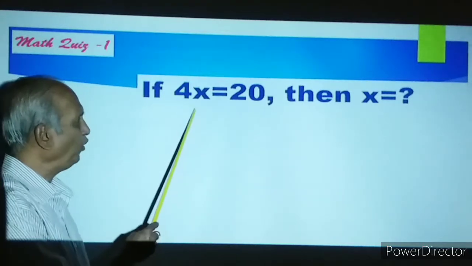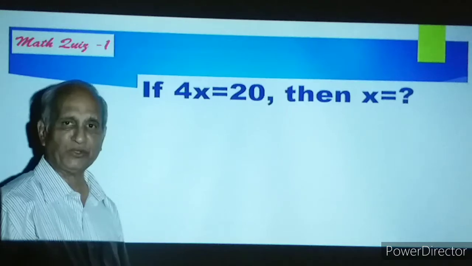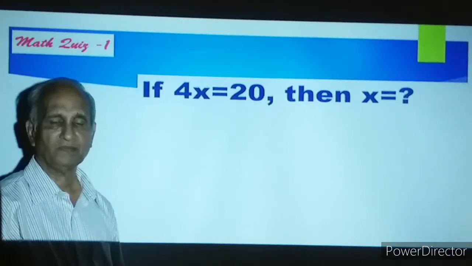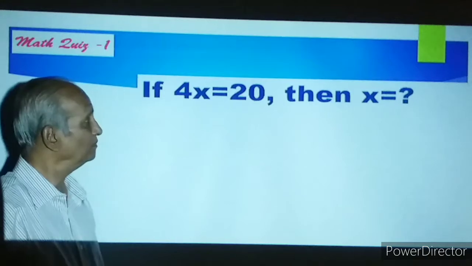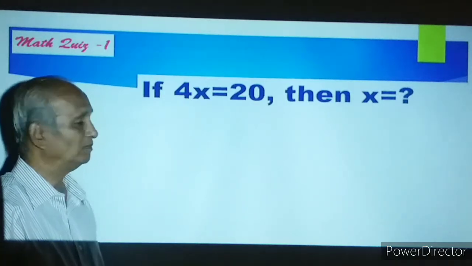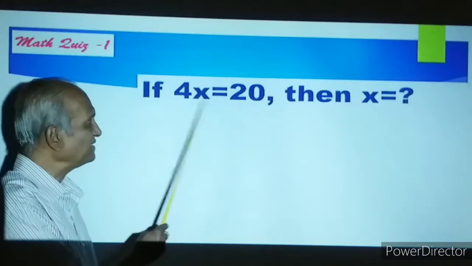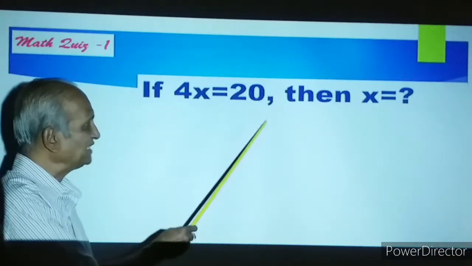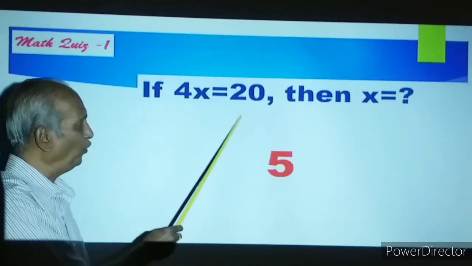Next question. If 4x is 20, then x is equal to, find out the value of x. If 4x is 20, then x is equal to 20 divided by 4, as 4 gets transposed.